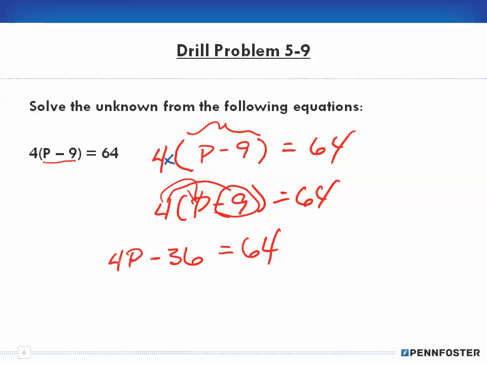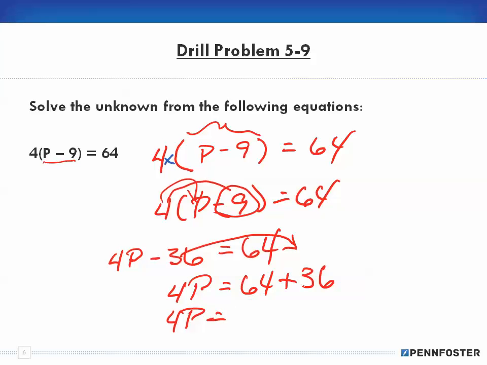Now, we still have to isolate the p. We want to get it on one side of the equal sign and everything else on the other. So just like we did in problems 5-1 and 5-3, I'm going to move the minus 36 across the equal sign, and that means I'm going to add it. Change the sign and add it. And so that gives me 4p is equal to 100.